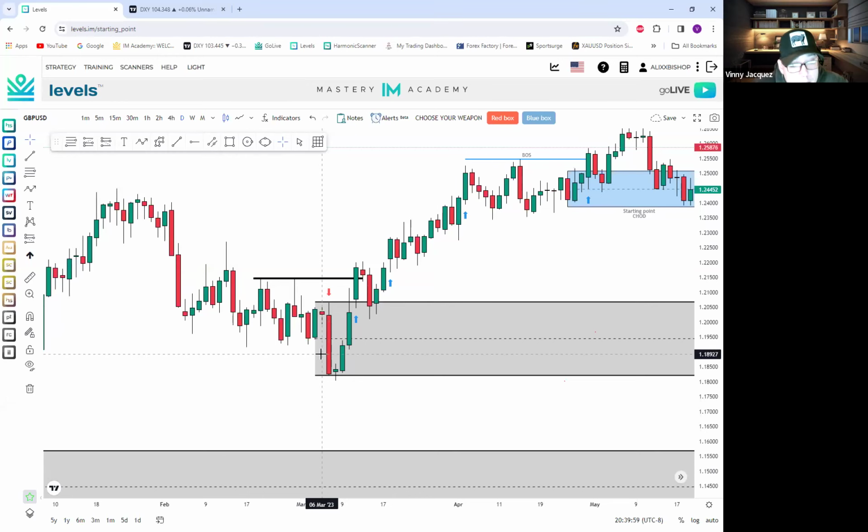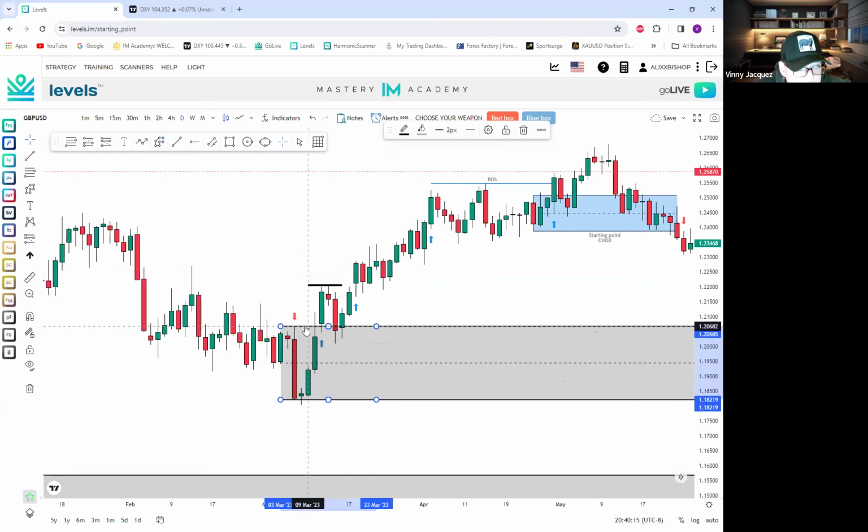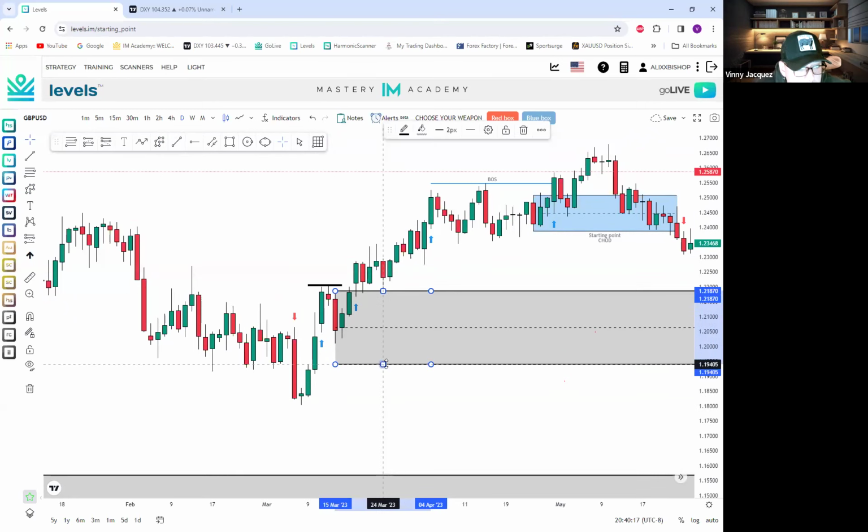So, yeah, you're not wrong. But look, market comes back, takes this starting point, creates a new one. Blue arrow. We get a breakout rally. We can just move it. Keep it clean.